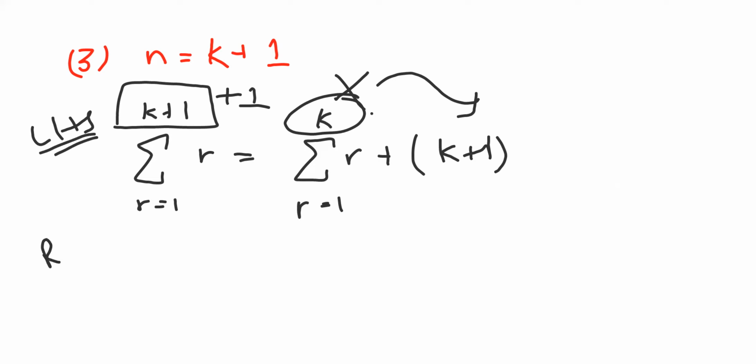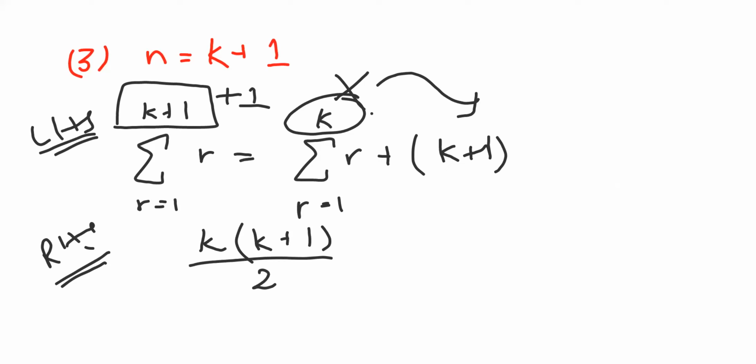Now towards the right hand side of your equation, what happens? Your equation now becomes k plus 1 over 2 plus k plus 1. Now you've got this equation, and you're going to be solving it in such a way that you get your first equation again. Wait, let me just write it on the next page.